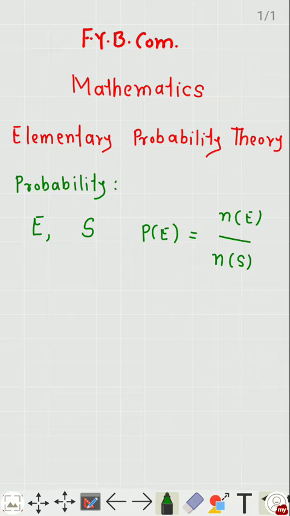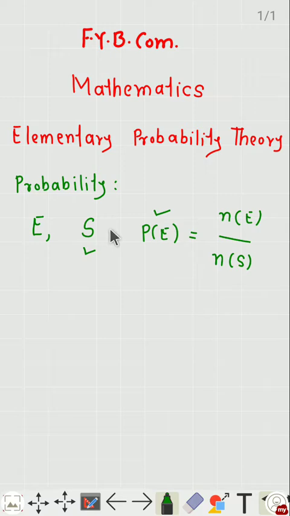What is S? S is the sample space of the random experiment. Sample space means the set of all possible outcomes of the random experiment. So the probability of an event E is nothing but the number of outcomes in event E divided by the number of all possible outcomes.